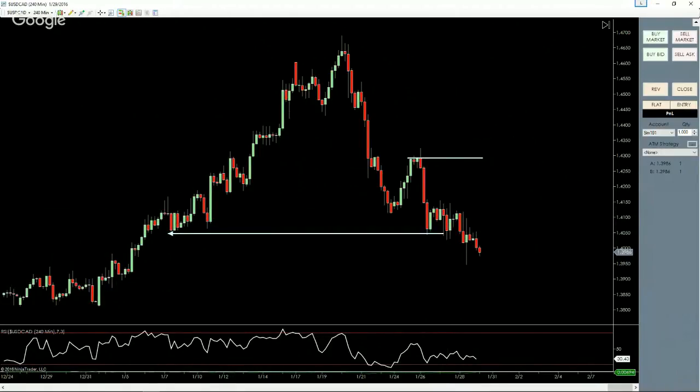We said we're going to wait for another retest of that structure level and make sure that it doesn't close below these lows. This candle actually did that, and then we placed stops obviously below these lows.